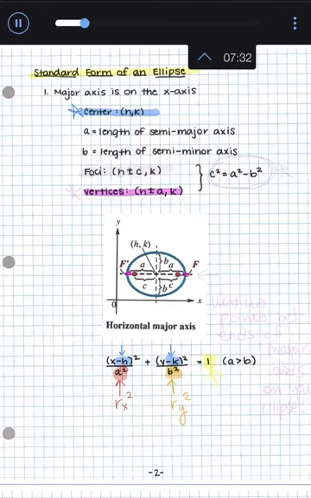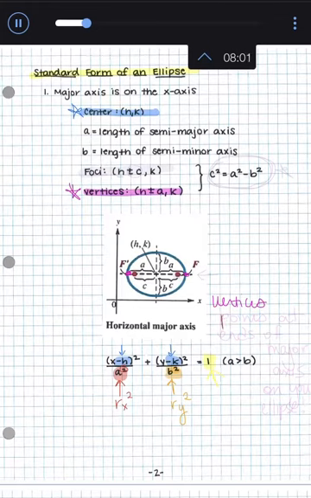In this first general example, we're looking at the major axis, the longest axis, being the x's. But it won't always be like this. So the vertices, whenever they talk about vertices, are always the endpoints of the major axis, the axis that's the longest.